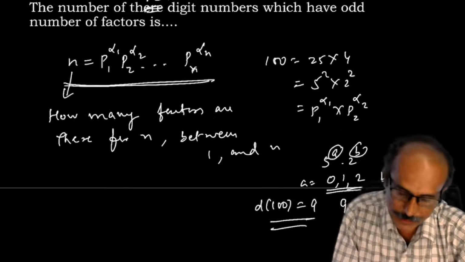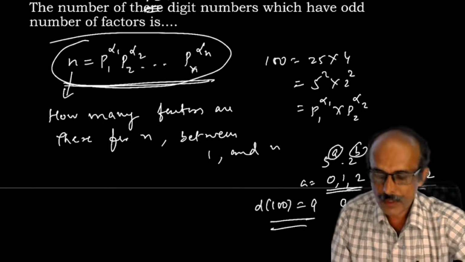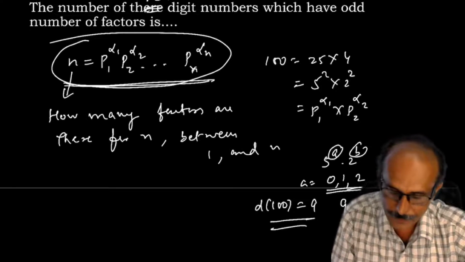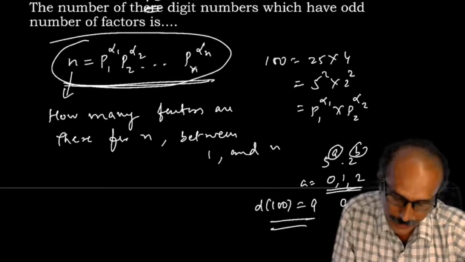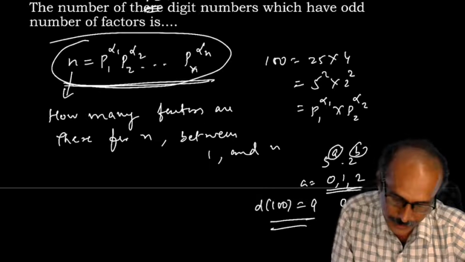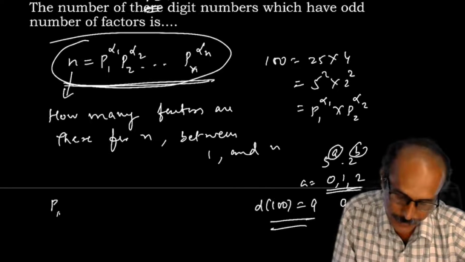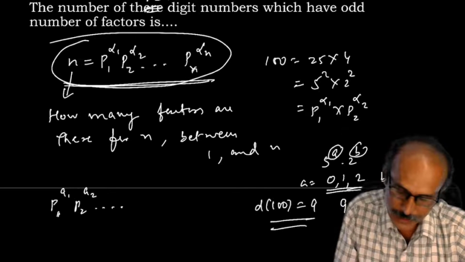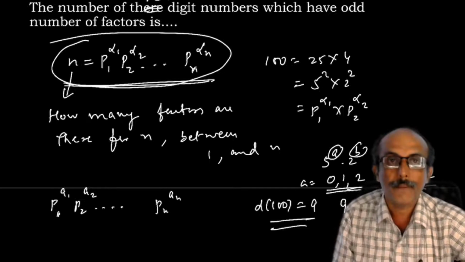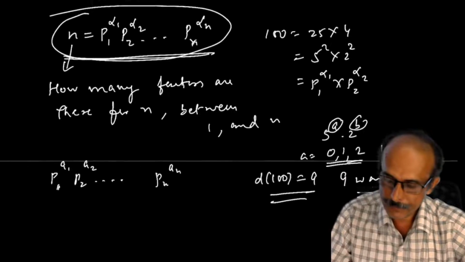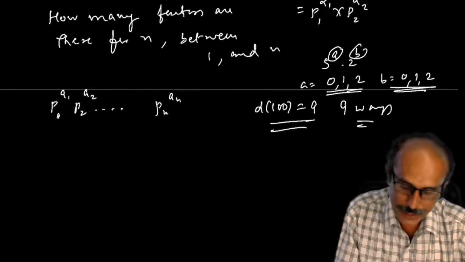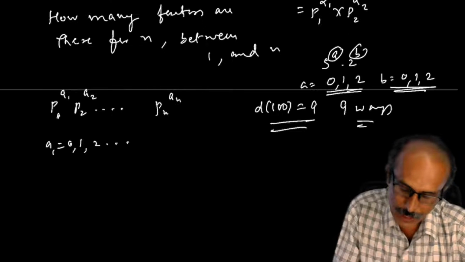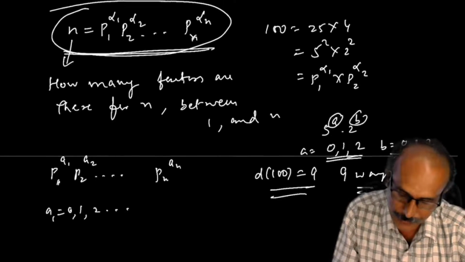So in general, for this number n, how many positive divisors are there? See, you take any divisor of n, it will be like this: p1 power a1, p2 power a2, like this, pn power an, right? These a1s can vary from 0, 1, 2 up to the highest power, that is alpha 1.